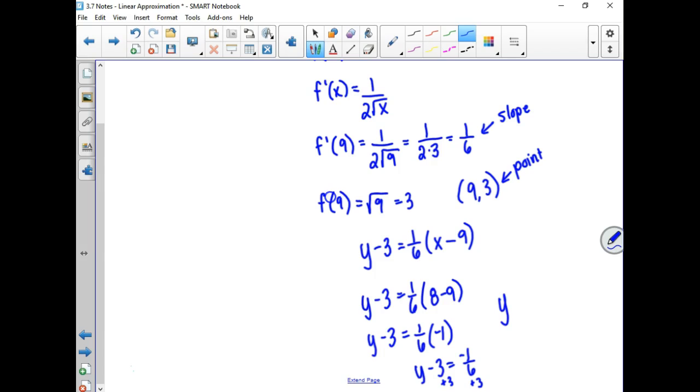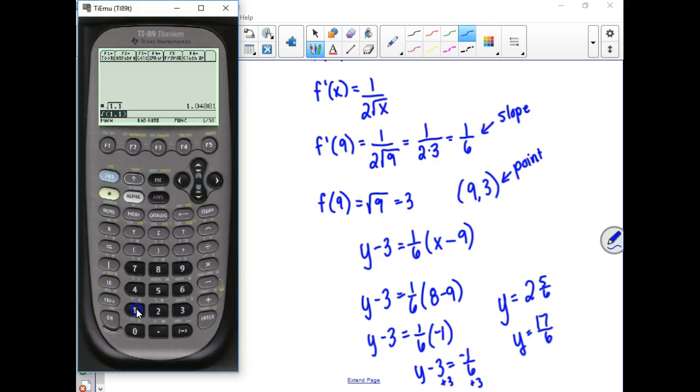So y will equal 2 and 5/6, which I don't really like to use mixed numbers like that. So that would be 17/6. Or you could get a decimal if you wanted. So let's see how close that is.